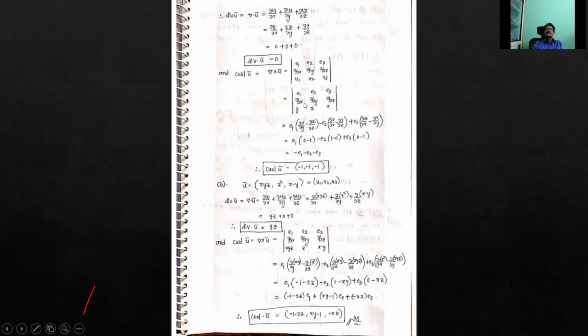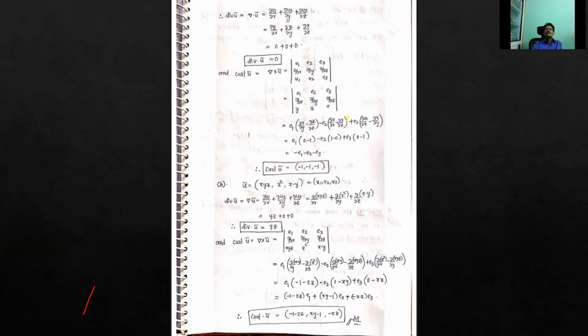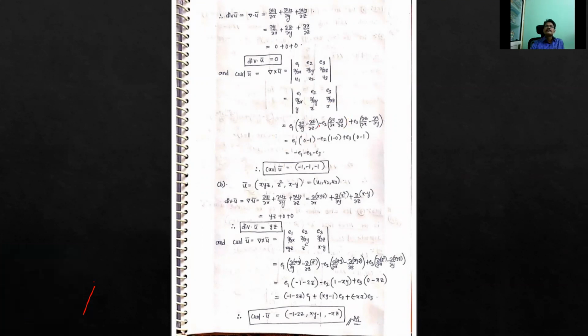So E1 into dou y by dou y of x minus dou z by z, minus E2 into, here this is y.